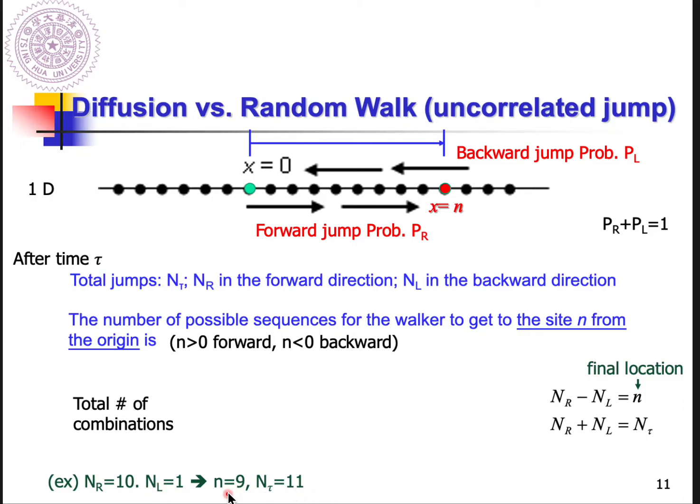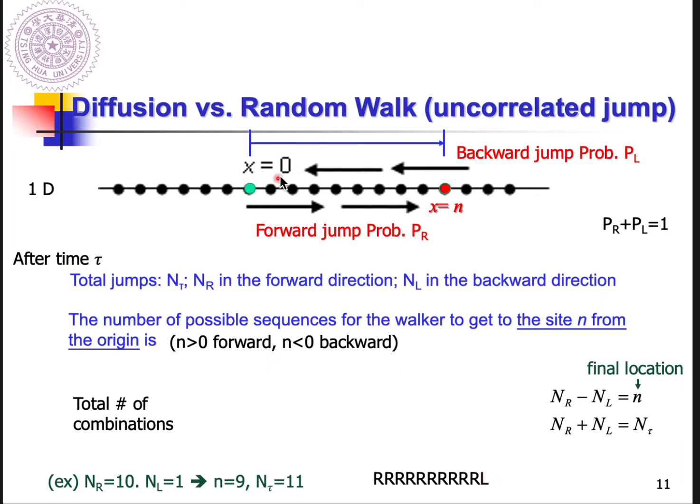So how many possible combinations of nR and nL allow this atom to arrive at this location, x equals 9? How to get that? What is possible is to make 10 right and 1 left, or make 10 forward jumps and 1 backward jump.